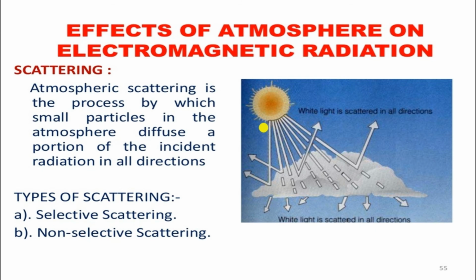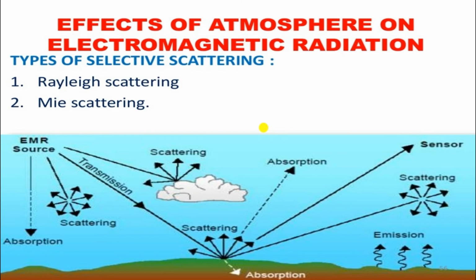Scattering: generally, atmospheric scattering is the process by which small particles in the atmosphere diffuse a portion of incident radiation in all directions. There are two types of scattering: selective scattering and non-selective scattering. In selective scattering there are two subtypes, Rayleigh scattering and Mie scattering.